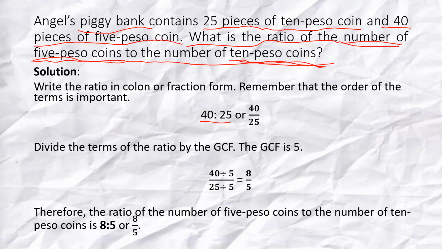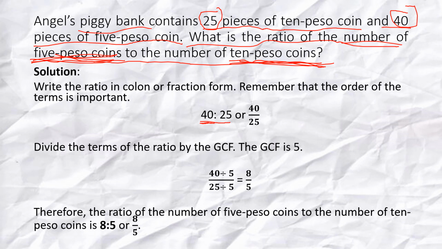We cannot write 25 is to 40 or 25 over 40 because in the question, the first term that was mentioned is the 5 peso coins. We have 40 pieces of 5 peso coins, therefore it will be the first term in our ratio, followed by the number of 10 peso coins, which is 25 pieces.